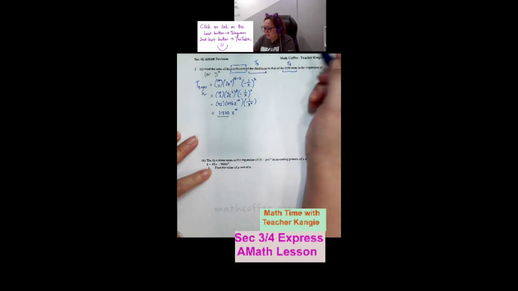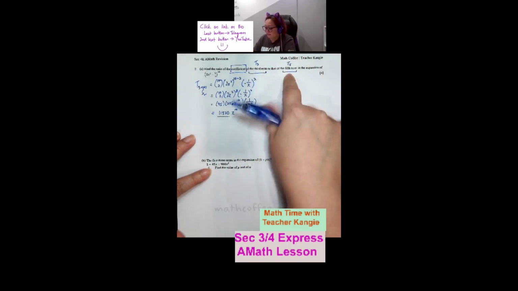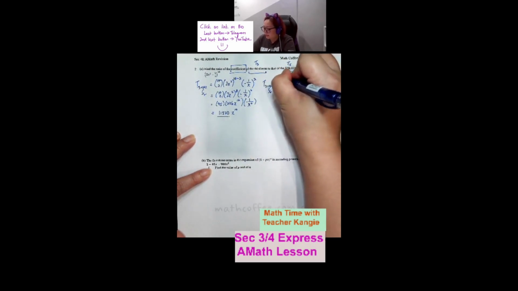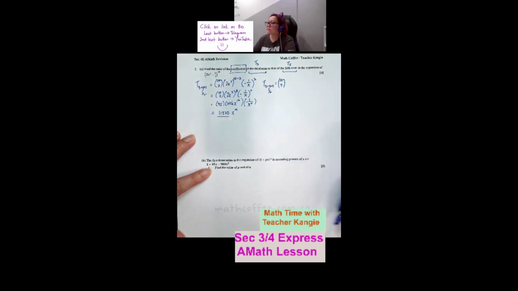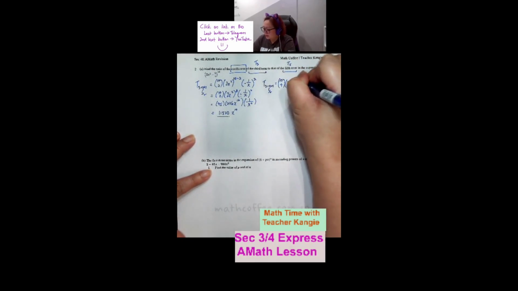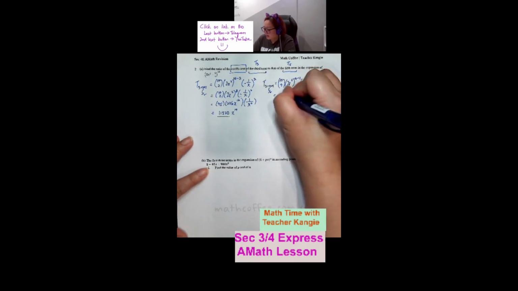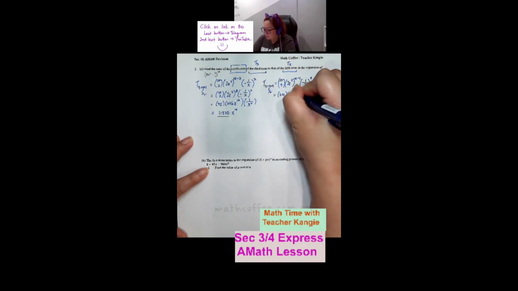So I'm going to apply the same thing for finding the fifth term. So it's 4 plus 1, so my r is 4. In this case, it will be 10C4, 2x squared to the power of 10 minus 4, negative 1 over x to the power of 4. This one will give us 210.